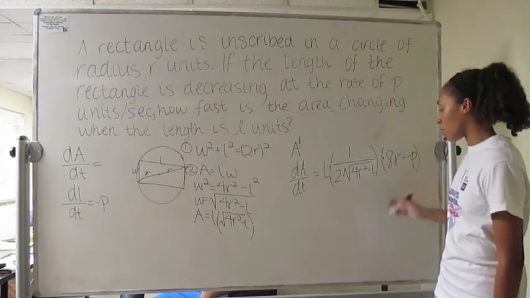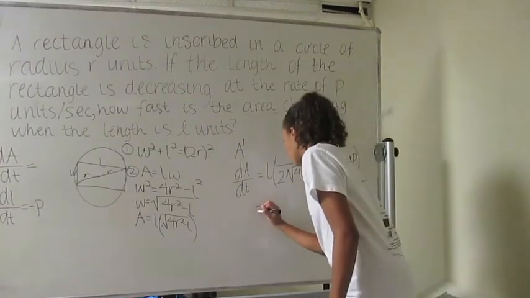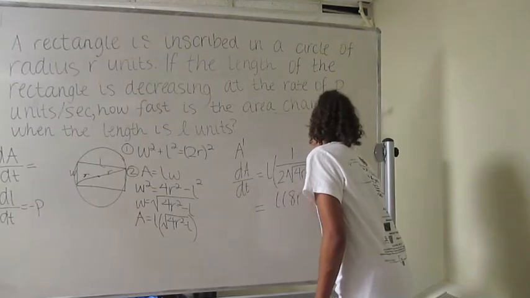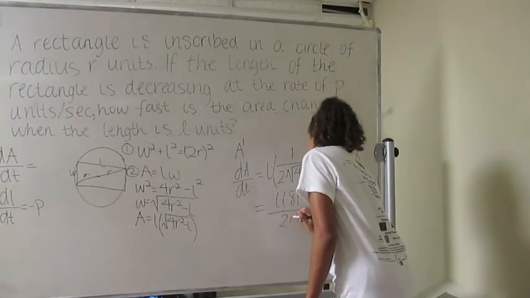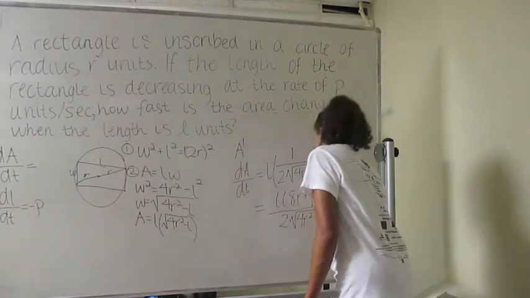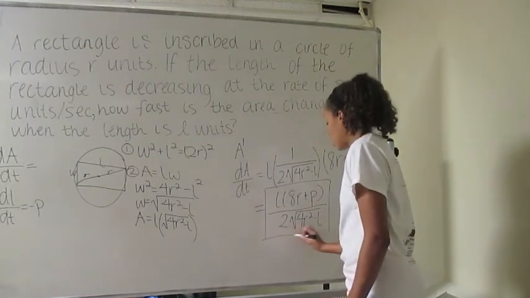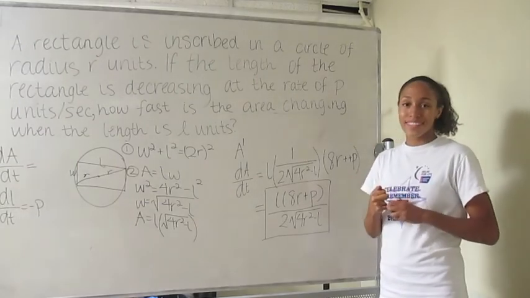So we don't have to do that part. So we just simplify the equation, and L times 8r plus p all over 2 square root of 4r squared minus L squared. And that is the rate at which the area of the rectangle is changing inside the circle.